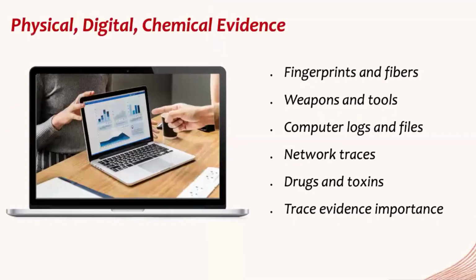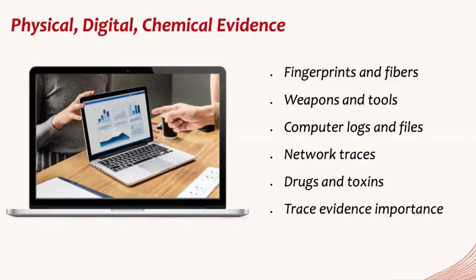If you look at the physical, digital, and chemical evidence, each of these types contributes differently. The digital evidence is growing fast, while the physical evidence links suspects. The chemical evidence also helps in cases like poisoning or drug cases.